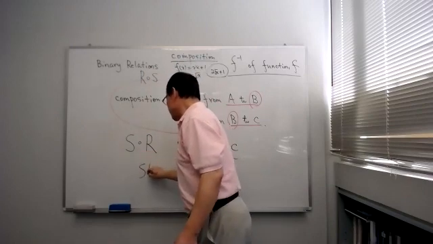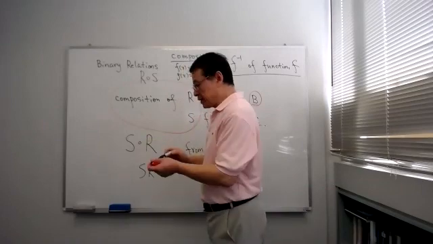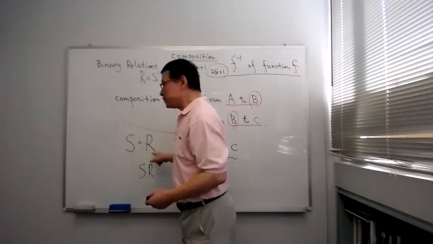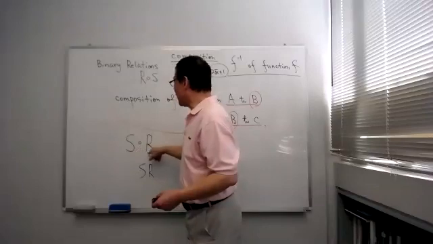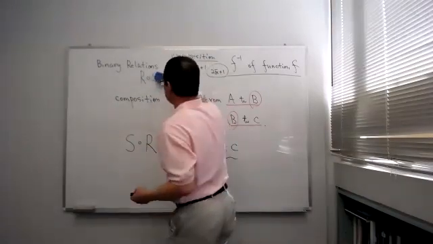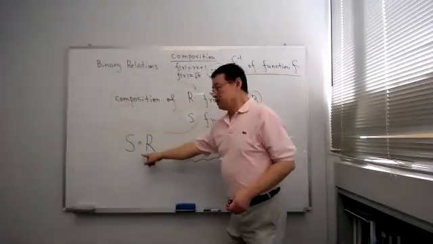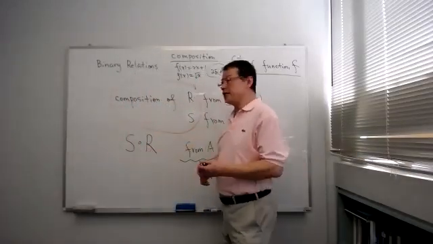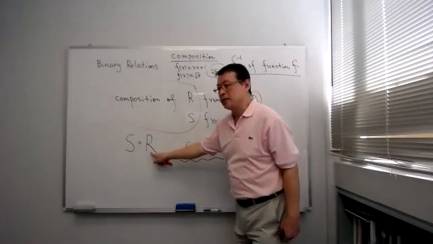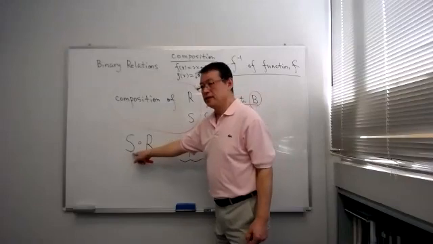Sometimes you may just see SR without this circle, or some other notation. But ordinarily, we will write SR instead of RS. So be careful with this notation. The reason is we apply R first, then S.